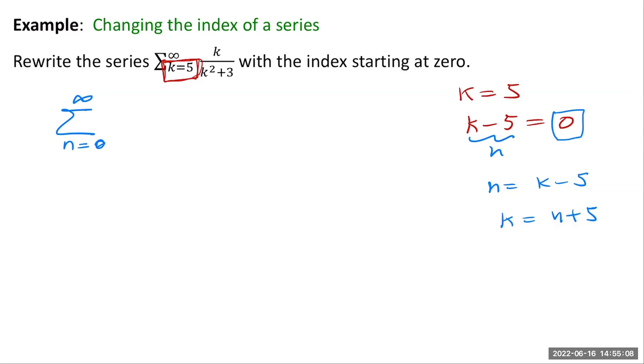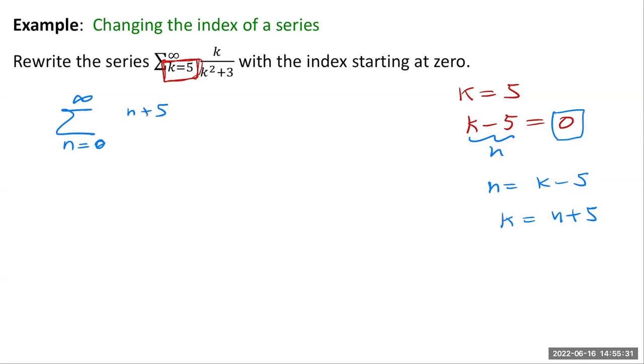Now you go to the original series and look at the term given in that series. Since k is equal to n plus 5, you replace your k by n plus 5. Both of these k's are replaced by n plus 5 to get the desired series.